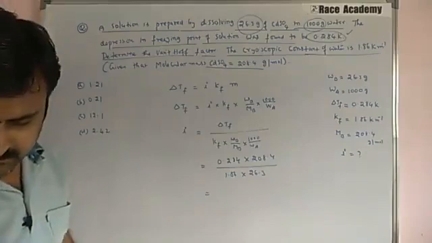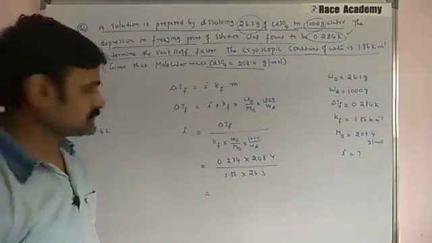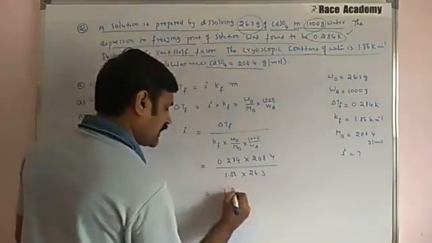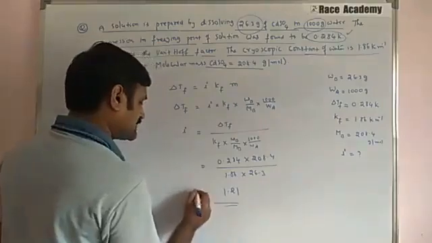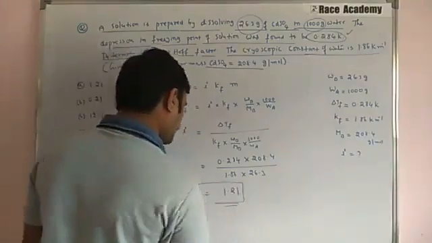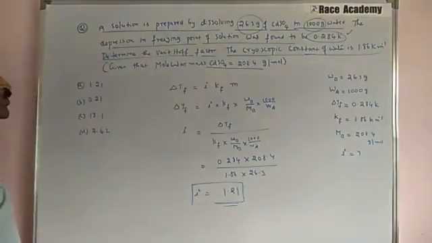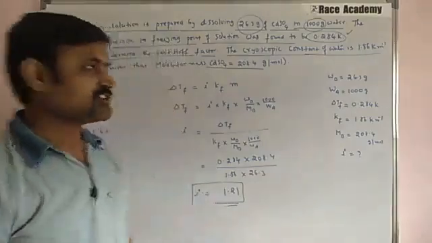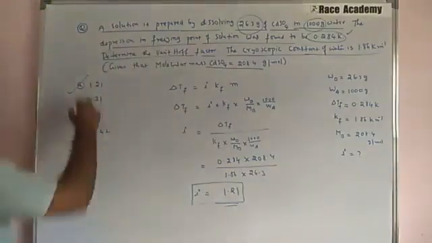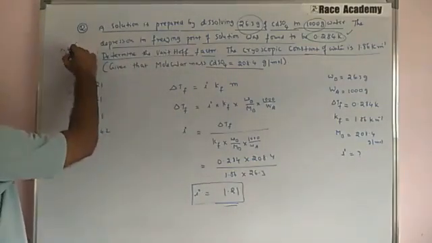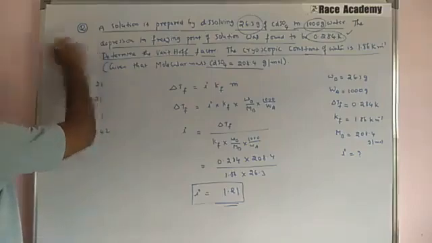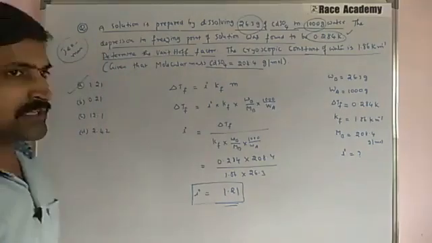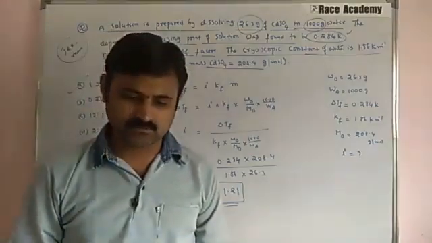Upon simplification, we got 1.21 as the Van 't Hoff factor for this problem. So 1.21 is our first option, option A, the right option for this question. This question was asked in JEE Mains, so this is a JEE Mains model question on the Van 't Hoff factor concept.